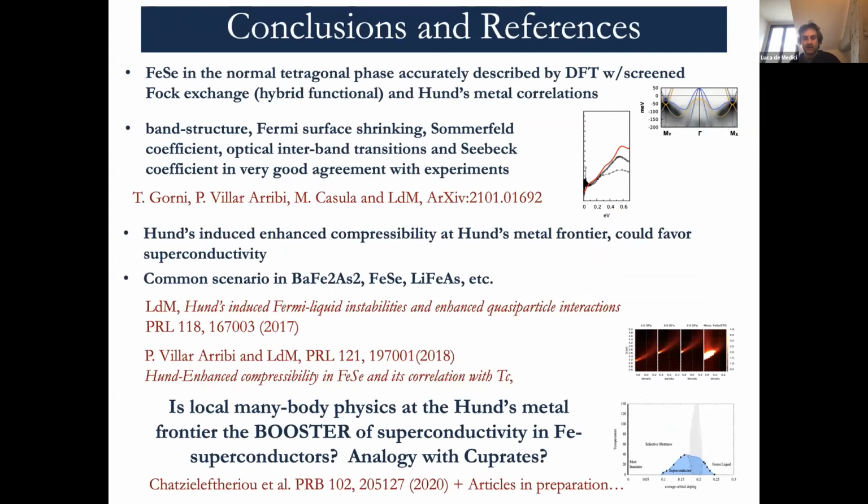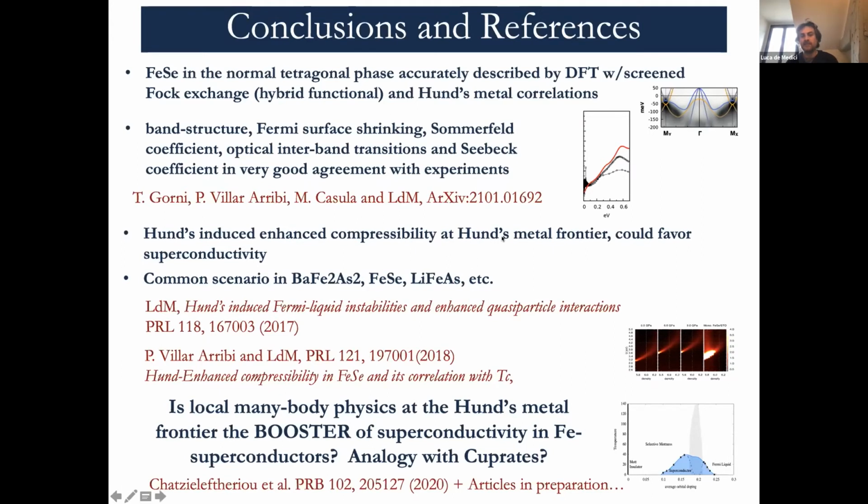I hope I could show you that we have improved agreement with experiments on the band structure of iron selenium, including correlations and using hybrid functionals, which include screened exchange, which is treated inaccurately by standard DFT. So this is needed, and then we can match several experiments nicely.